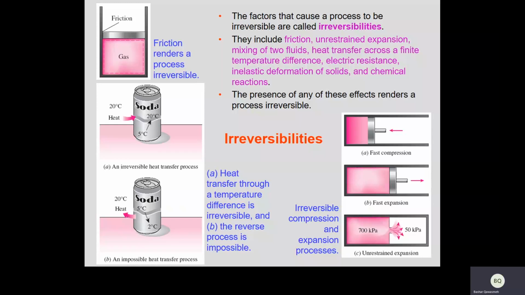And so the presence of any of these effects renders a process irreversible. So here it shows the factors that we just mentioned. And besides those factors, the fast compression, the fast expansion, and the unrestrained expansion, such as the rupture of a membrane here, are also irreversibilities.